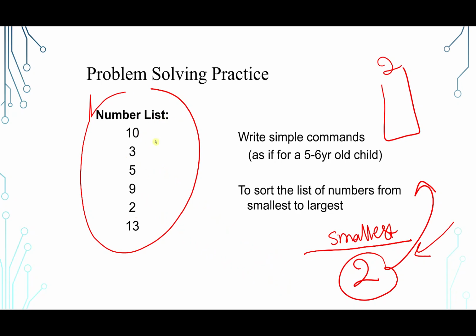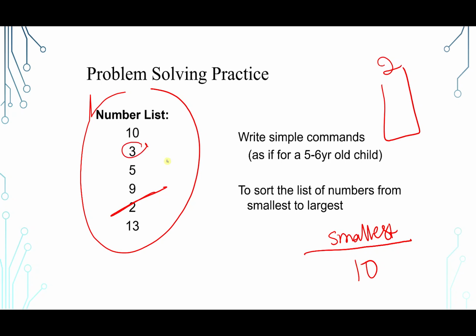Then we do that all over again. So we cross out the 2 right now, right? And we start with the 10. Is 10 smaller than 3? No. Then we replace that, so replace the 10 with 3. 3 and 5, keep the 3. 3 and 9, keep the 3. 3 and 13, keep the 3.